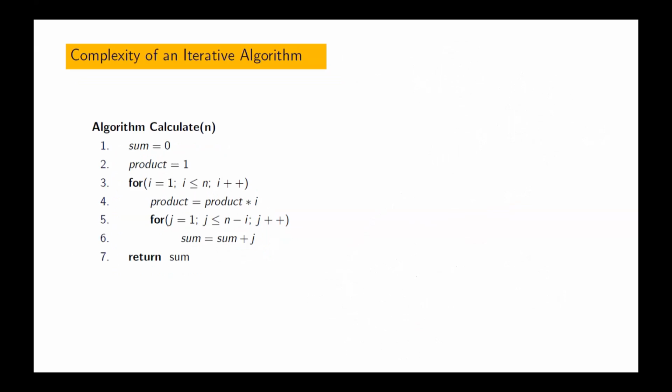In this case, please tell me the expression. What is T of n? Let T of n be the number of times this operation is performed. What is T of n in this case? Sigma i equal to 1 to n, sigma j equals 1 to n minus i, of 1.